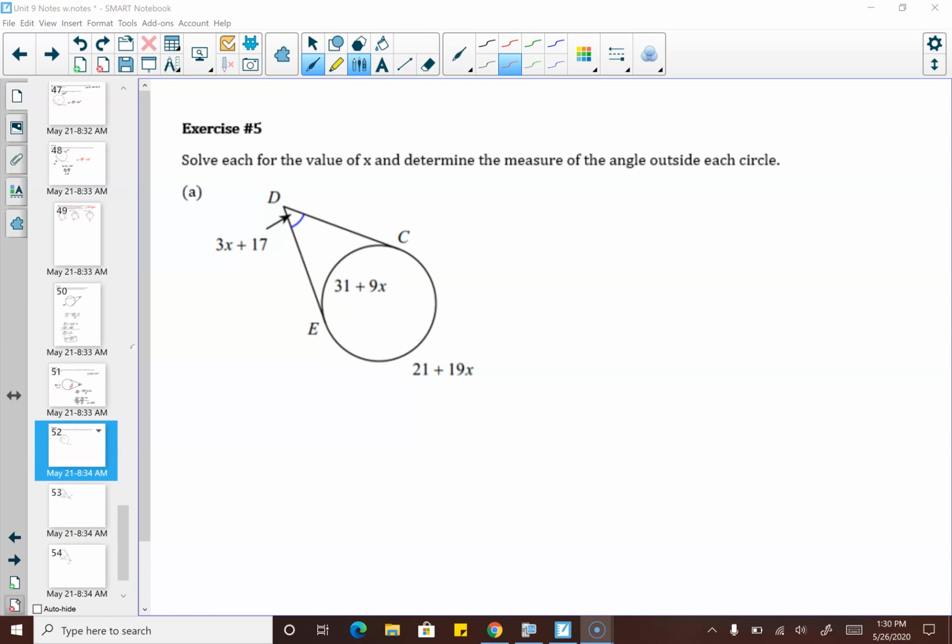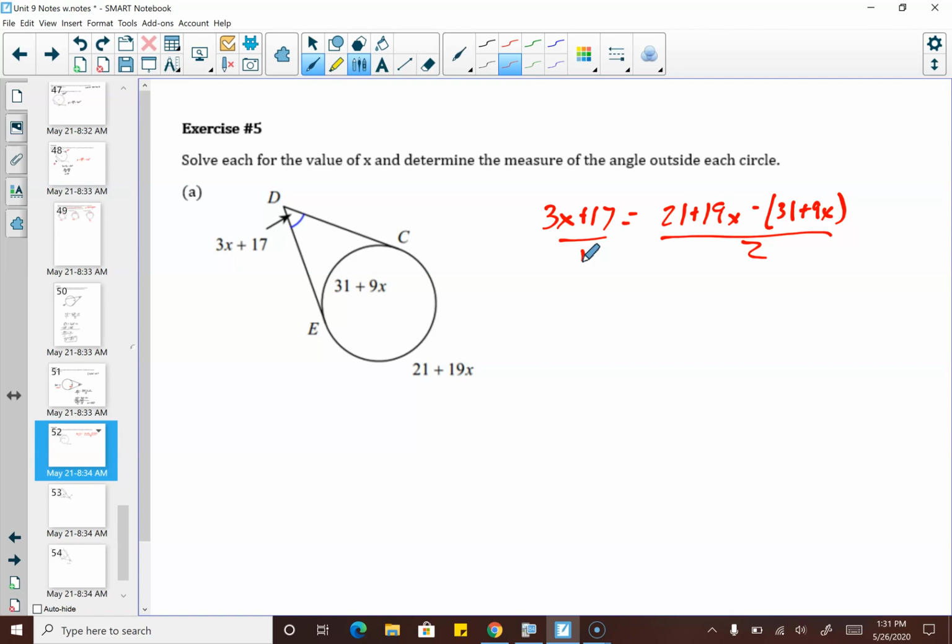So we have to be careful when they have a lot of binomials in them, but we'll follow the same rules. Angle, so 3x plus 17 equals big arc, so 21 plus 19x, minus, now we have to subtract the whole smaller arc, so we got to put that in parentheses, divided by 2.